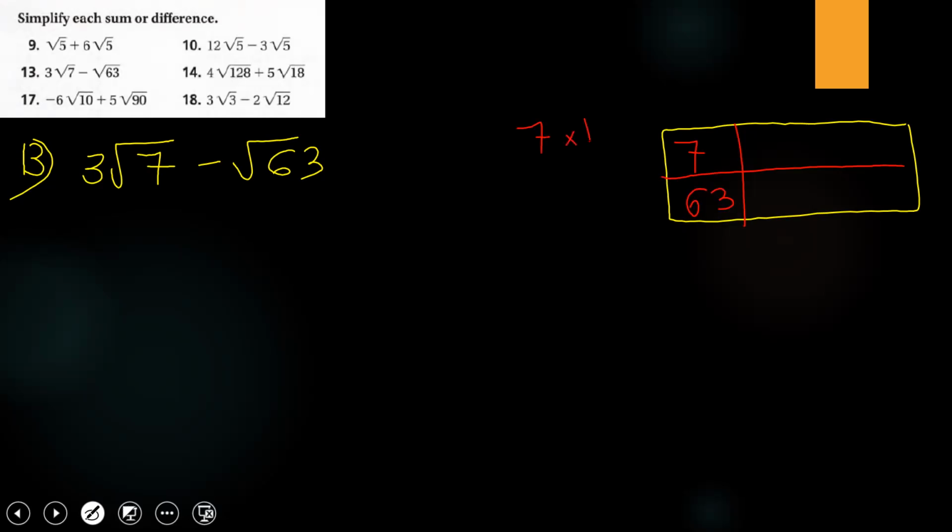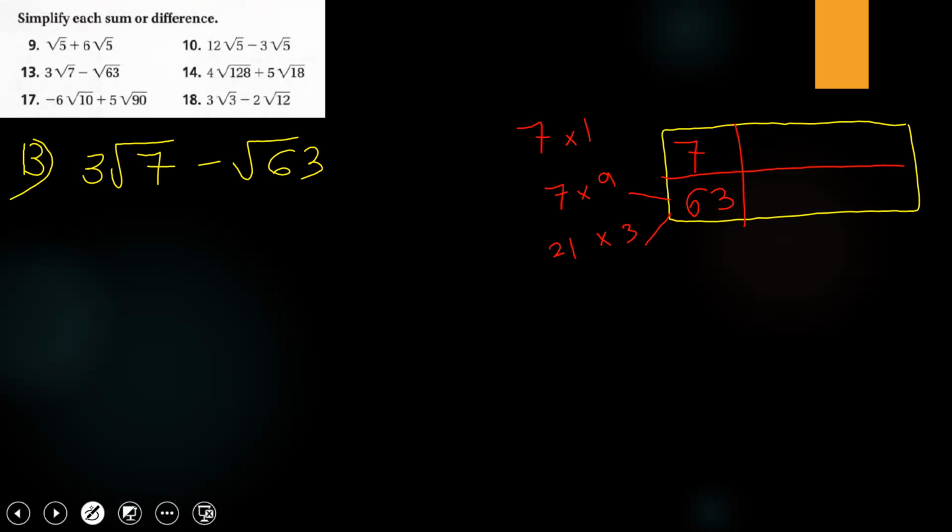For 63, let's write the factors of 63. We have 7 and 9, and also 21 and 3, is it right? Yes. These are the factors of 63.